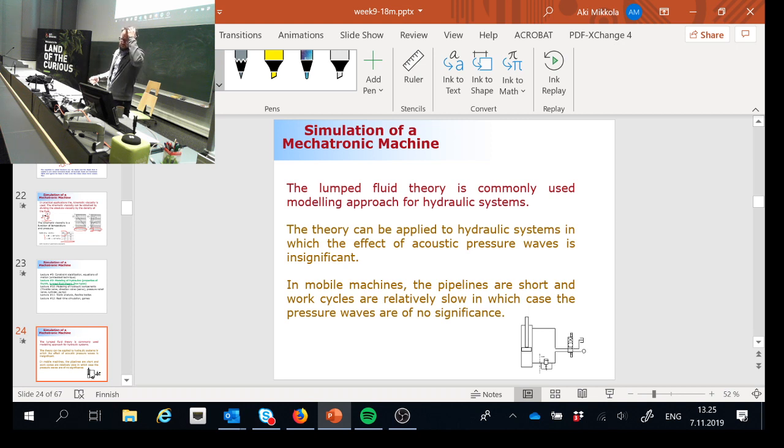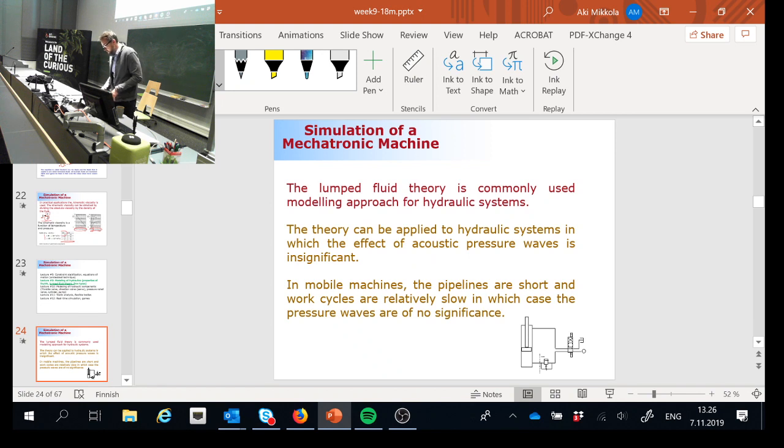Hoses are not that problematic, but with pipelines you may close the direction valve rapidly, and that may cause pressure waves to start traveling back and forth in your pipelines. We cannot account for that using this technique. But other features, such as flexibility, we can account for using this technique, and it is computationally very efficient and very simple to use. That's what we're going to learn next.